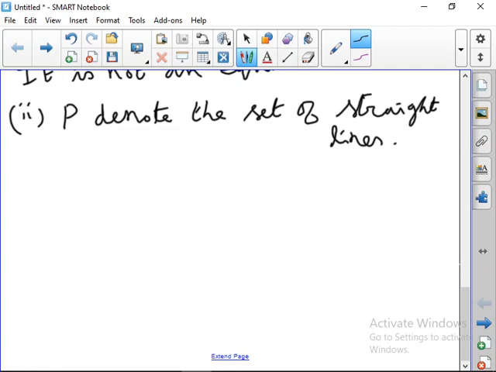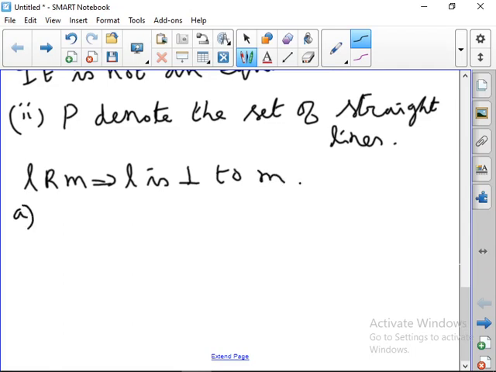And what is the relation given? L is related to M if L is perpendicular to M. Okay, this is what is given.